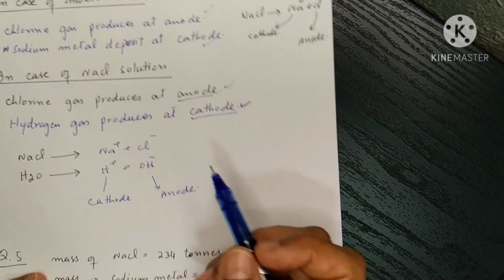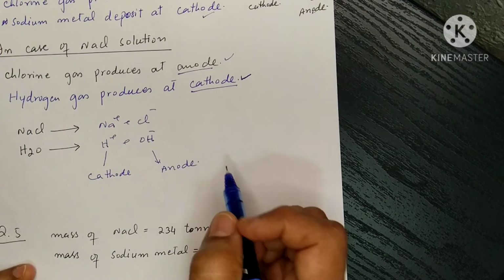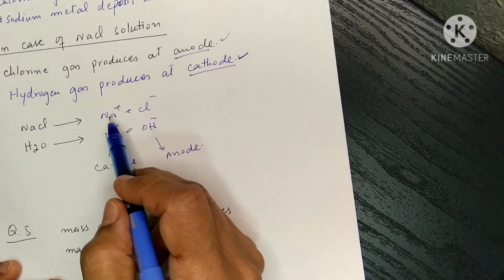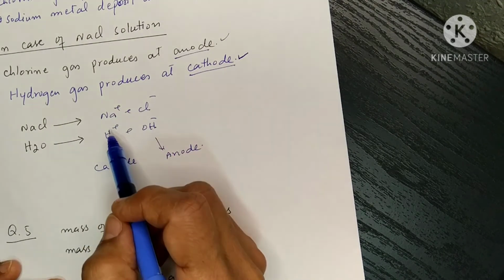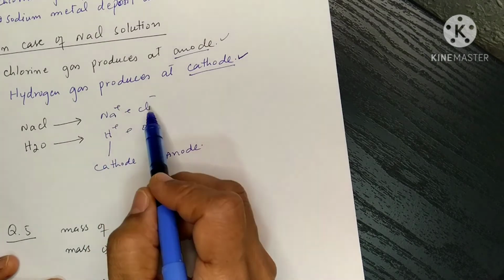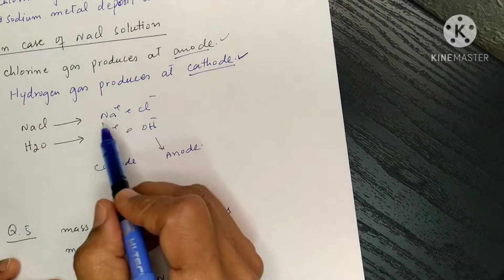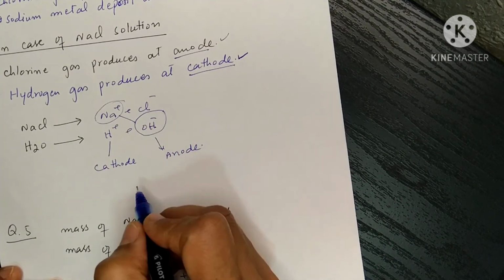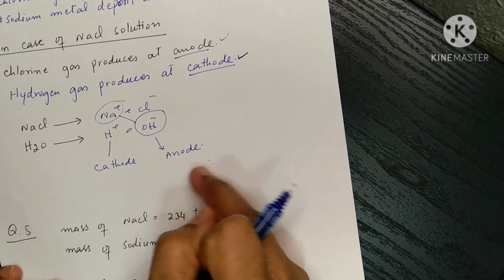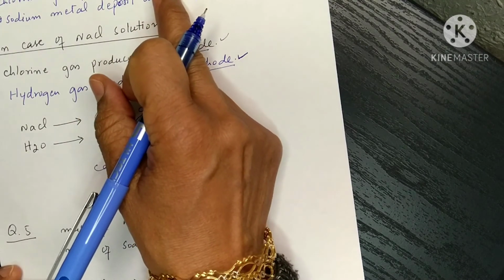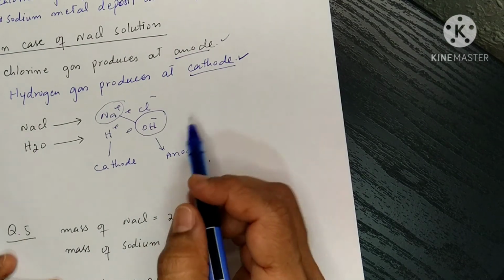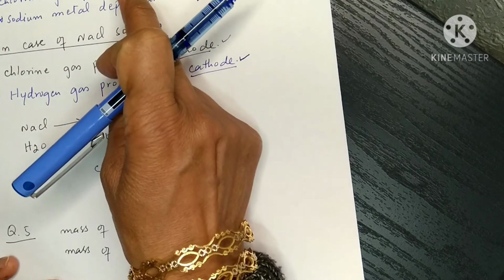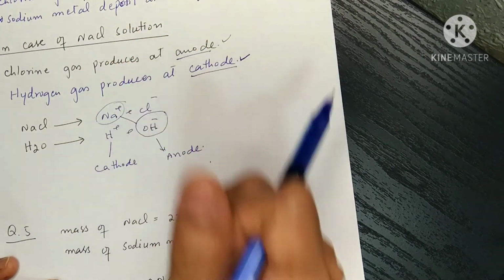And in the case of the sodium chloride solution, we have 4 types of ions. 2 gases are produced at the electrodes, hydrogen gas and chlorine gas, but we have sodium and hydroxide ions in the solution, so the resulting solution will be basic in nature. This is not present in the above case. So we have 3 products in the case of aqueous solution of sodium chloride, and in the case of molten sodium chloride we have 2 products.